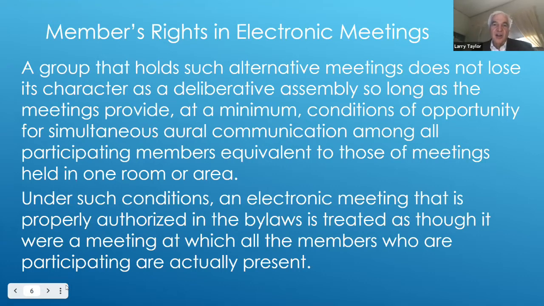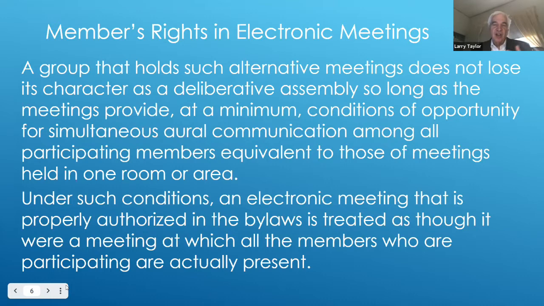And as it says here, under such conditions, an electronic meeting that is properly authorized in the bylaws is treated as though it were a meeting at which all the members who were participating are actually present. Going into the pandemic, a lot of organizations found out that they had not authorized electronic meetings, and because they couldn't meet, they were caught in the box of not being able to meet except by violating the rules.